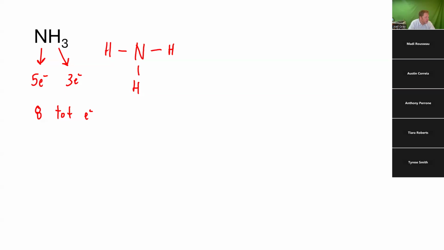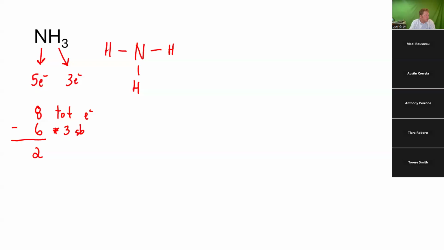So 3 SB, and each single bond represents two electrons, so we're talking about minus 6. So 8 minus 6 is 2. Can everyone confirm yes or no? Okay, yes, you followed what we've done so far. Wonderful.